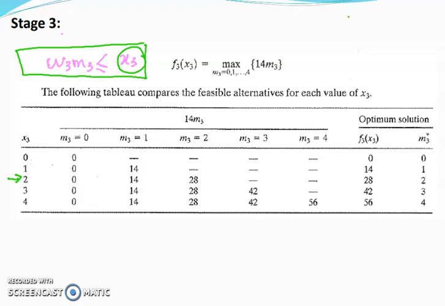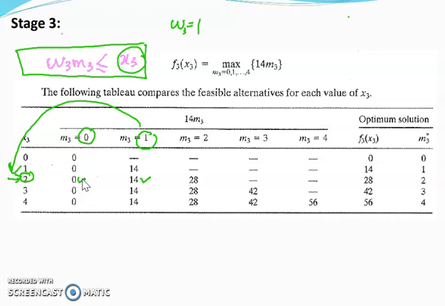So in this case, for item number 3, the weight is 1. So for example, for M3 equals 0, 0 times 1 equals 0. Now if M3 equals 1, 1 times 1 is 1, and this is less than 2, so we can have the value here.